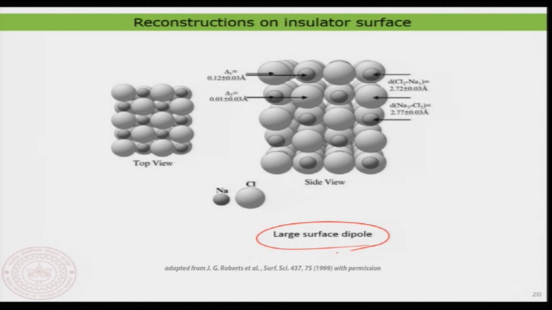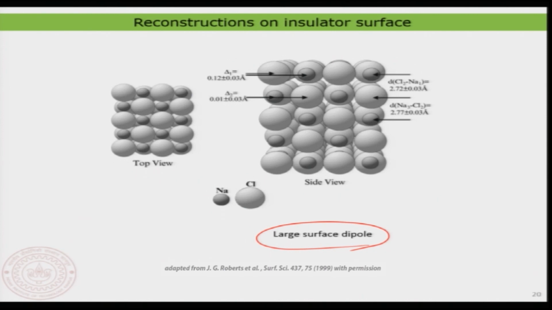The reason is simple: it has a very large surface dipole, and usually it is extremely hard to deform insulating material, right. To do something to sodium chloride, for example, you need to apply very large pressure, very large temperature, and so on. So normally it is known that deforming insulating surfaces or salt is extremely difficult, particularly salt.